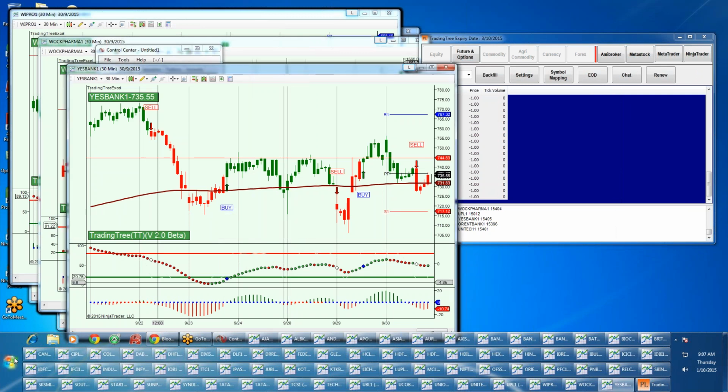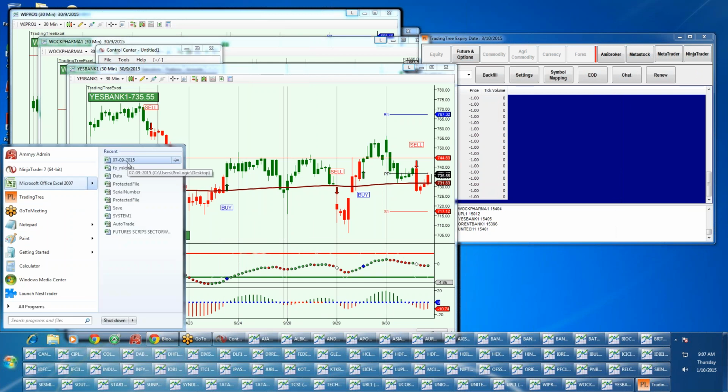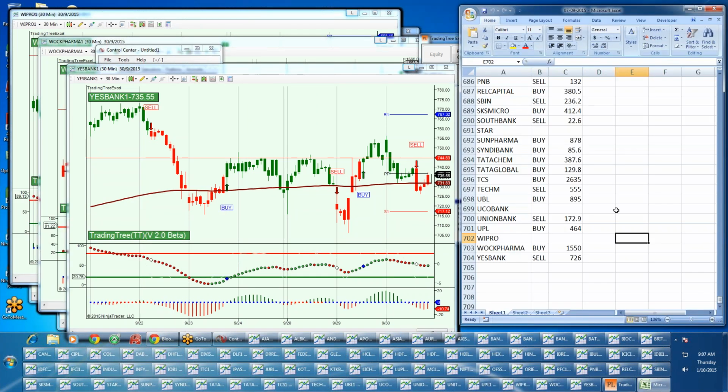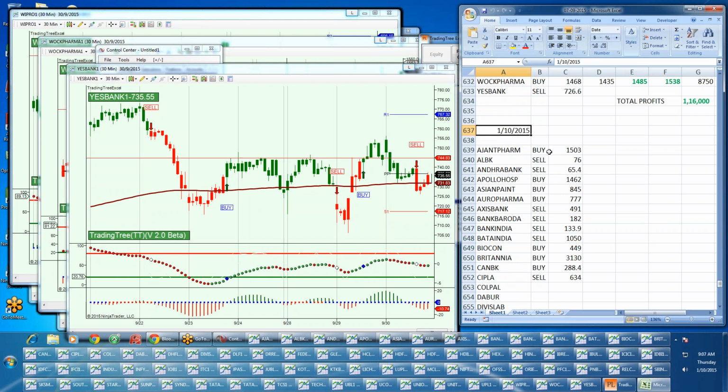Now what I have done here is I have just opened the charts, but meanwhile I have decided the prices for today. You can see these are the prices at which I'll buy and sell. So this is your entry. I will add the stop loss as soon as the market opens.